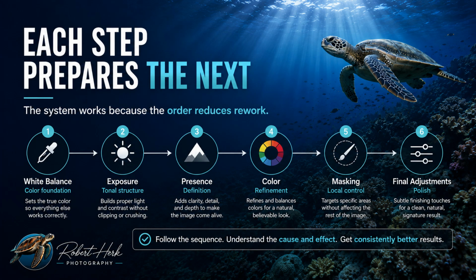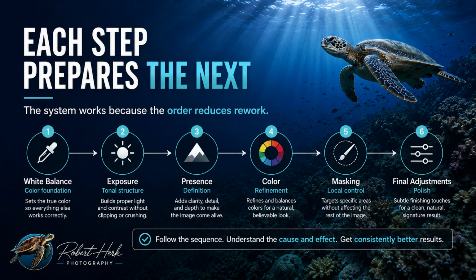This is why the order matters. Each step prepares the next step. White balance sets the true color foundation so everything else can work correctly. Exposure then builds the tonal structure without clipping highlights or crushing the shadows. Presence adds definition and depth. Color refines and balances the image.